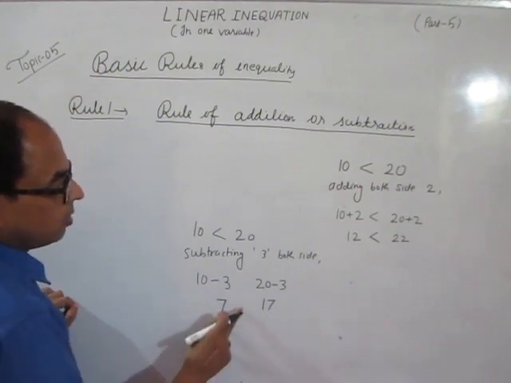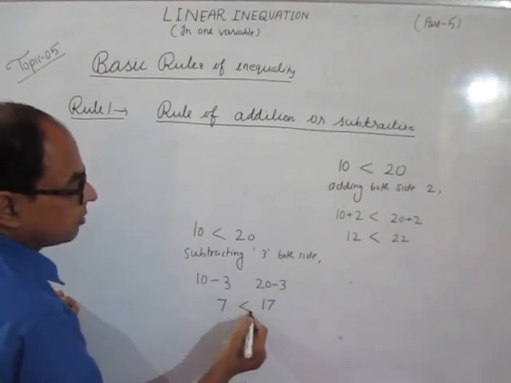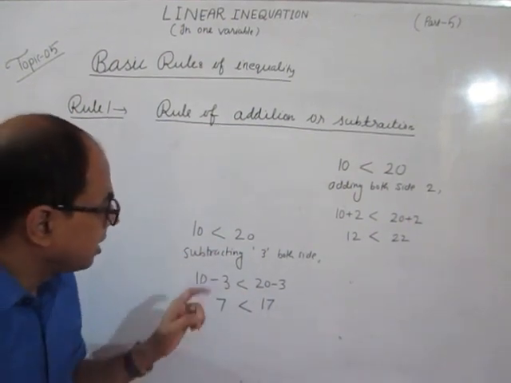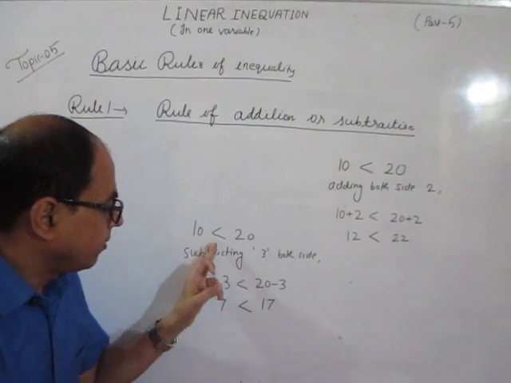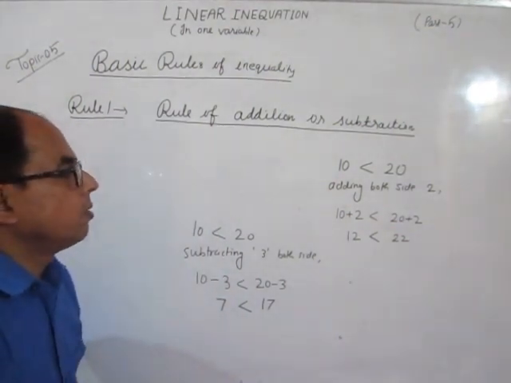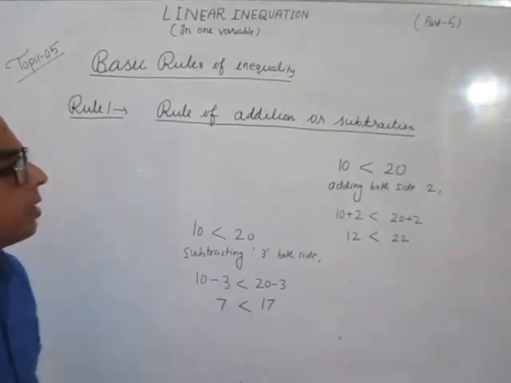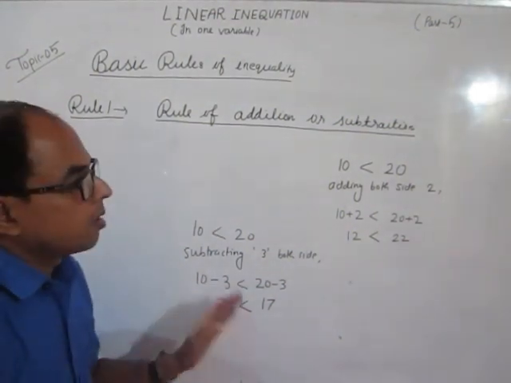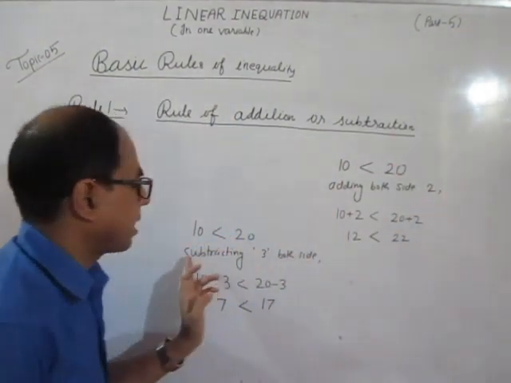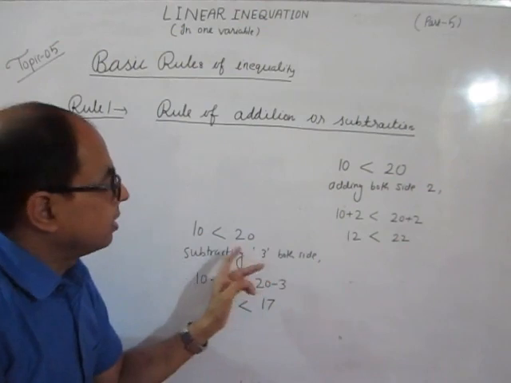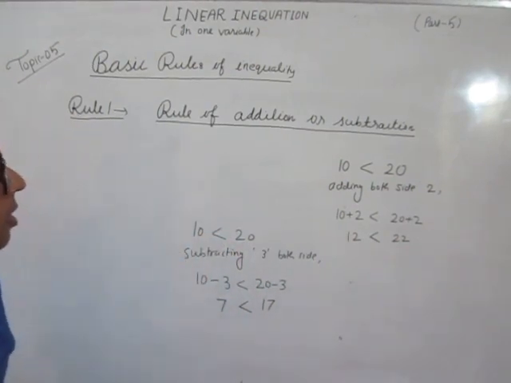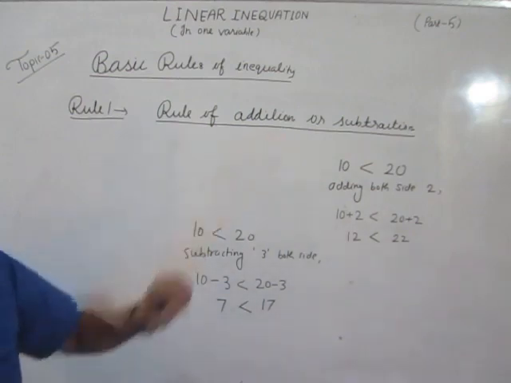So what about the inequality? 7 is less than 17. So again we can see that the sign of inequality remains the same. So what we have got from these 2 examples is that if the same number is added to both sides or subtracted from both sides, then the sign of inequality remains the same.